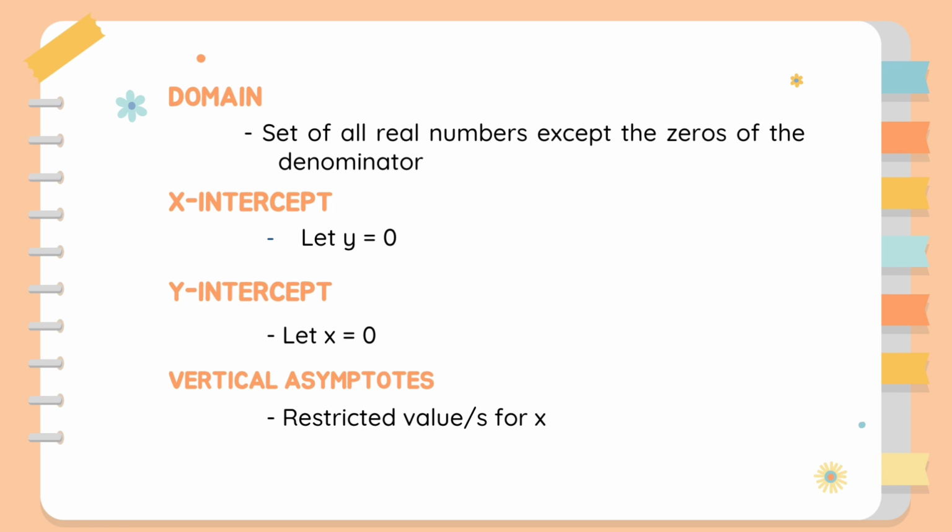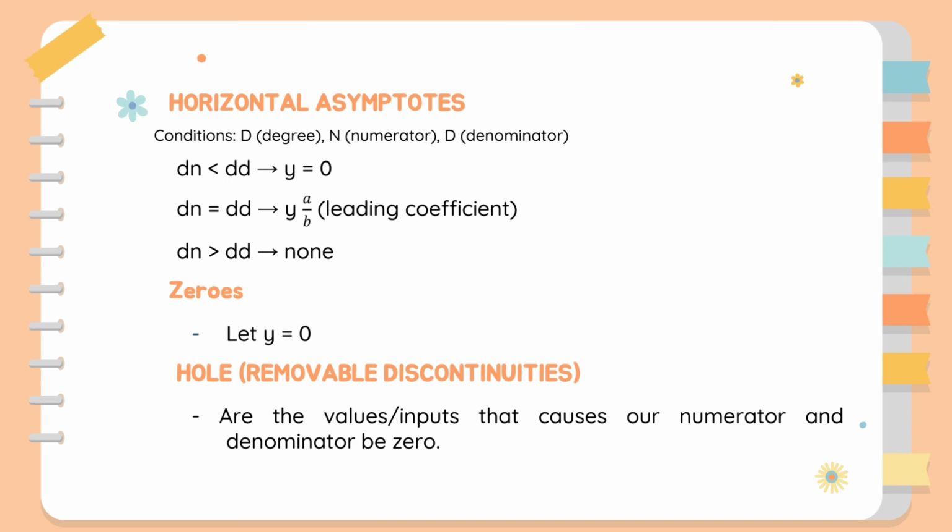Vertical asymptotes: the restricted value or values for x. Horizontal asymptotes, conditions: let n be the degree of the numerator and d the degree of the denominator. If n is less than d, the asymptote is y equals 0. If n equals d, the asymptote is y equals a over b, the ratio of the leading coefficients. If n is greater than d, there is none.